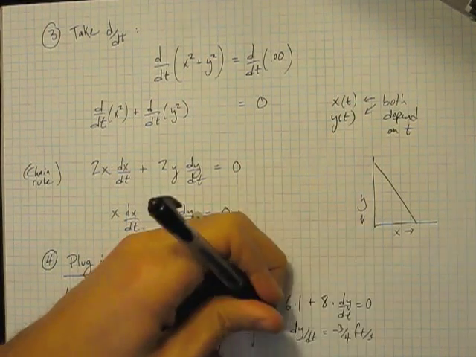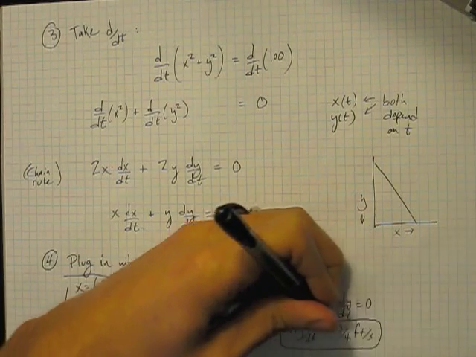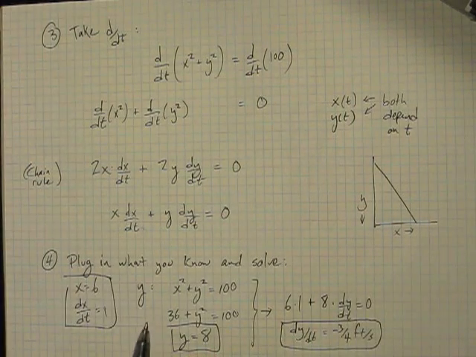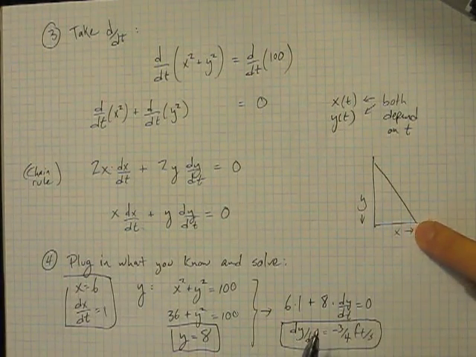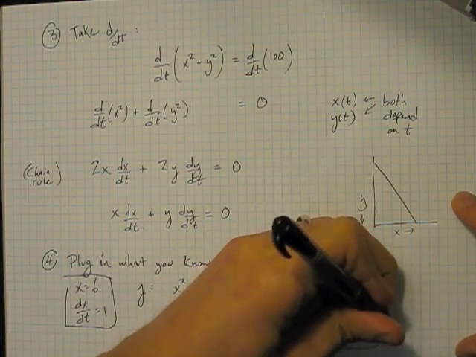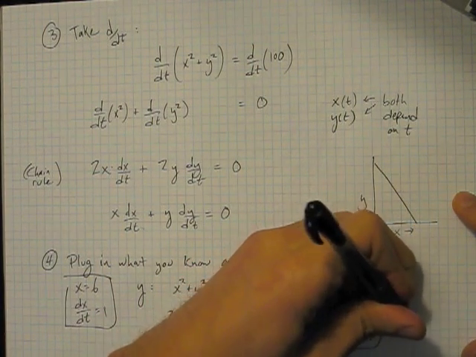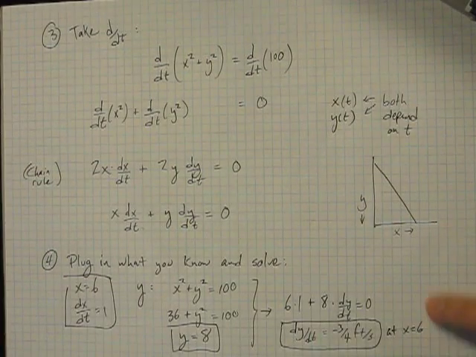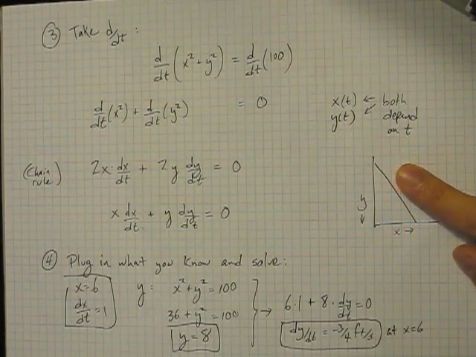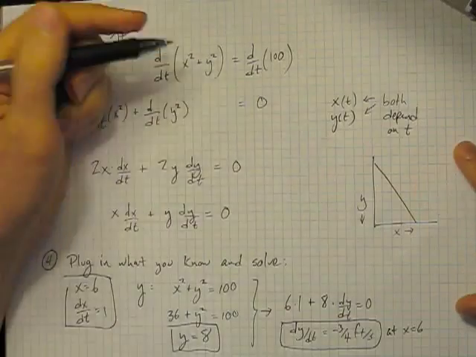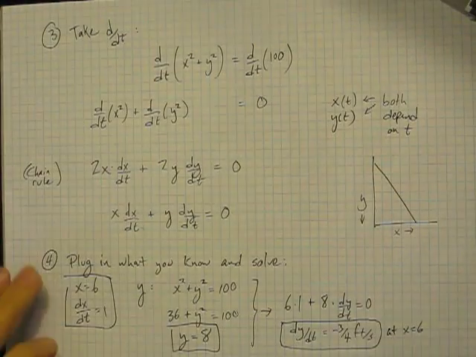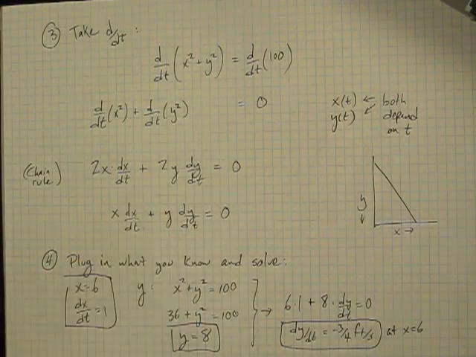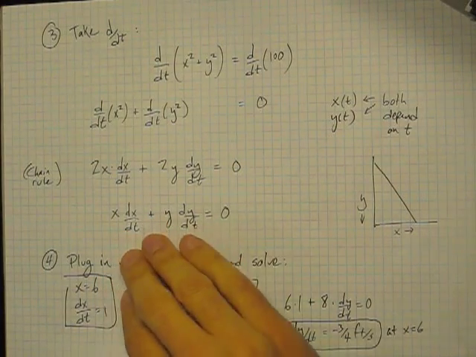And of course, the units here are feet per second. Okay, so that means that right at the moment that the ladder is 6 feet away from the wall, the top of the ladder is sliding down at 3/4 of a foot per second. Okay, so that's the answer to this question right here.